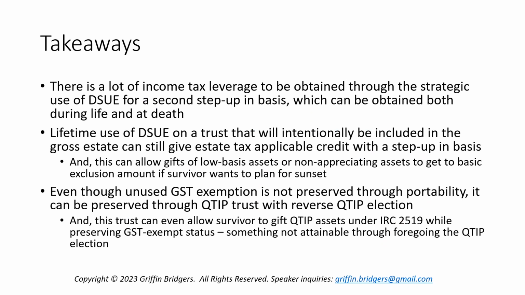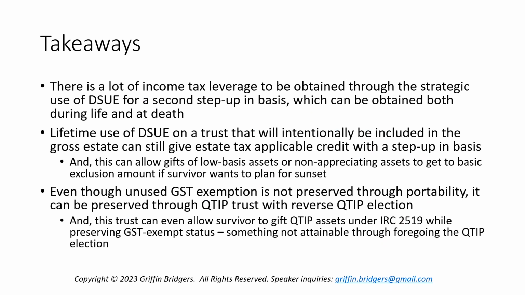But the difference is that that DSUE can be used on a trust that will be intentionally included in the gross estate of the surviving spouse, which again subjects future growth to estate tax, but gives a second step up in basis anyway, and allows a gift of low basis assets as well.